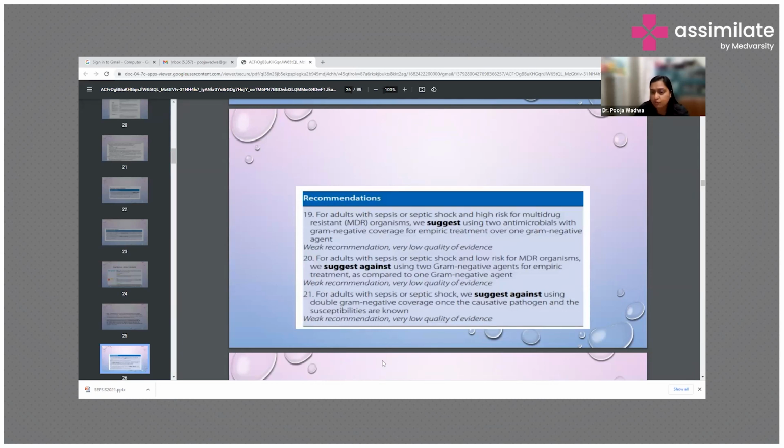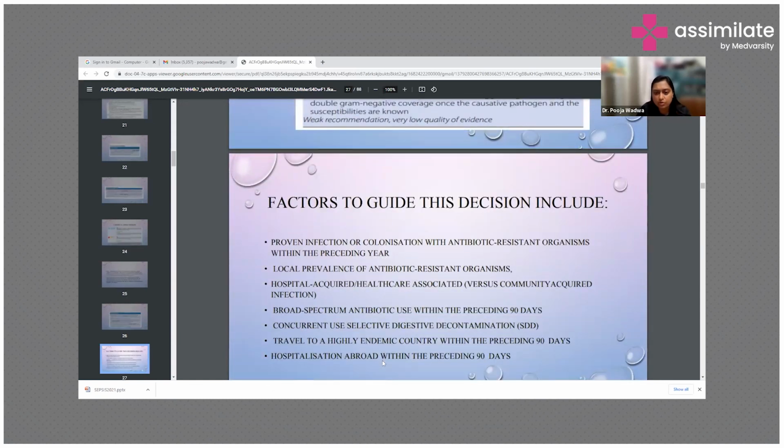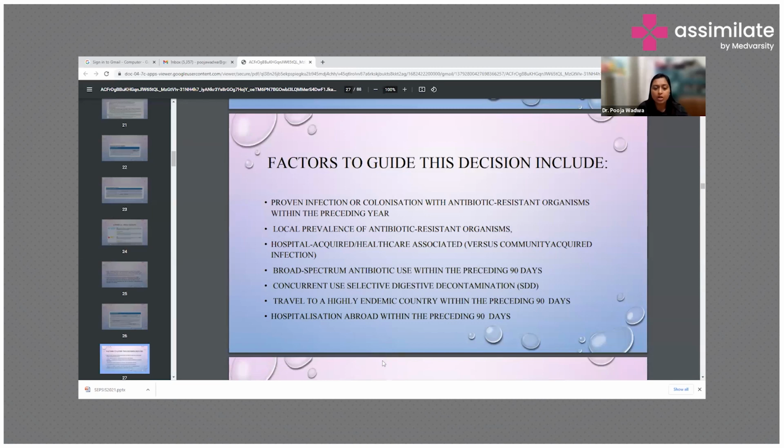In patients who have low risk of MDR infections, they should have 2 gram negative instead of just 1. This will become too confusing for you.